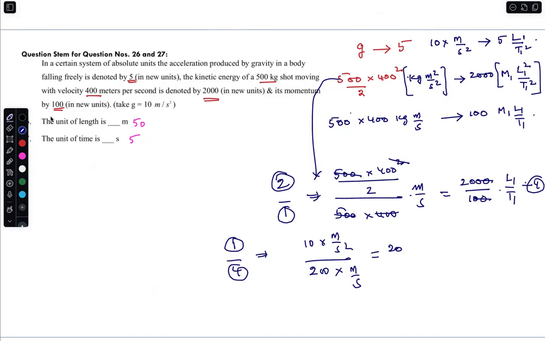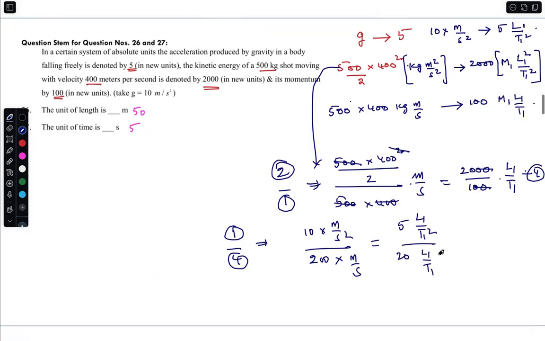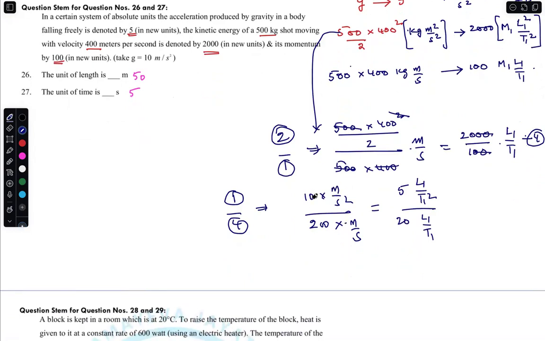Equation 1 by equation 4: 5 times L1 by T1 square by 20 times L1 by T1. That's what I got. Finally, this will become 1 by 20 times 1 by second is equal to 1 by 4 times 1 by T1. Implies T1 is 5 seconds.